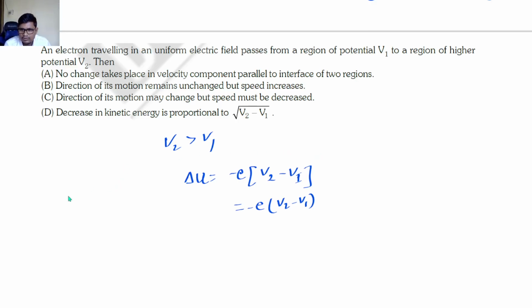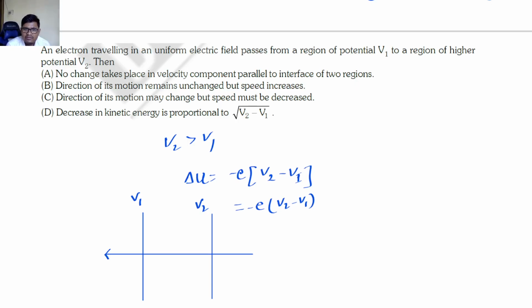Okay, so now look here, try to understand. Suppose this is our V1, this is our V2. It is saying that the electron is traveling in a uniform electric field. So we have a uniform electric field, and in the direction of the electric field potential decreases. So the electric field is basically in this direction.